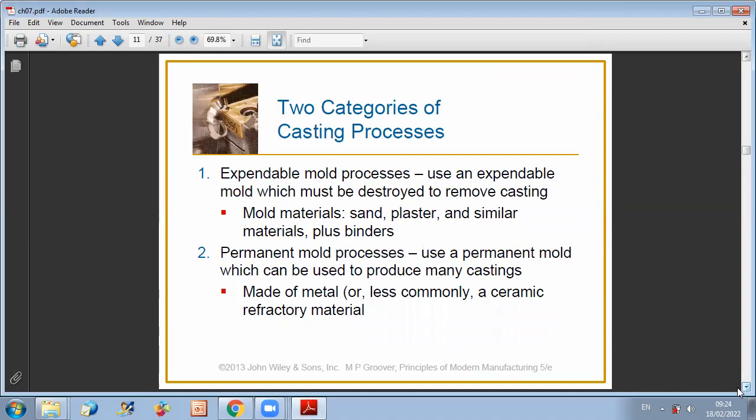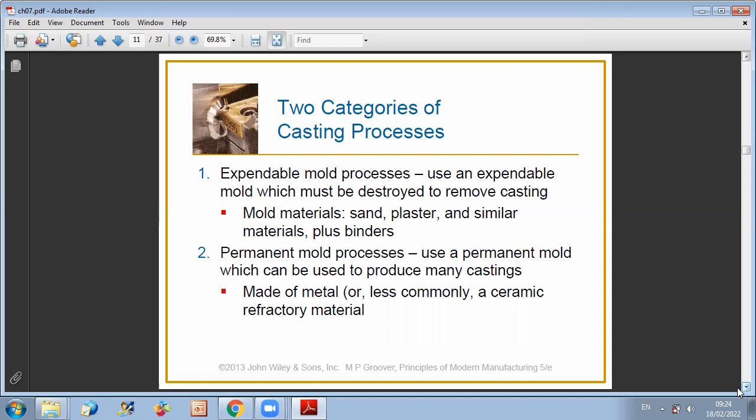Now, we have two categories of casting processes: expendable mold processes, which use an expendable mold which must be destroyed to remove the casting. As I told you, sometimes if we have very complex geometries, it's not possible to use the same mold several times. So we have then to produce a new mold each time.